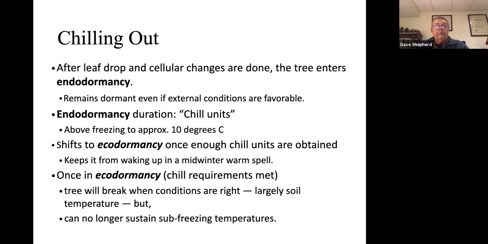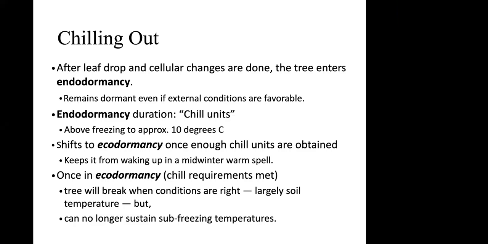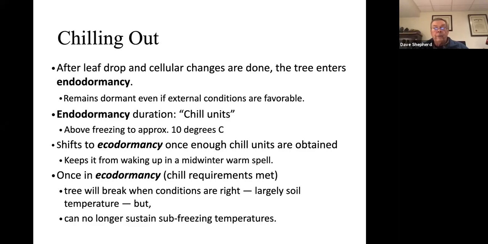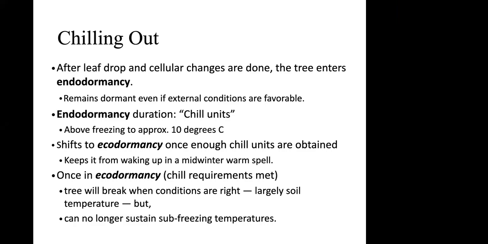Now, the effect of this, of course, is to keep the tree from waking up in the midwinter warm spell, and getting blasted with a late killing frost. But once those chill units have been accumulated and the clock has run out, then the tree shifts back into an ecodormancy state and begins the acclimation process.